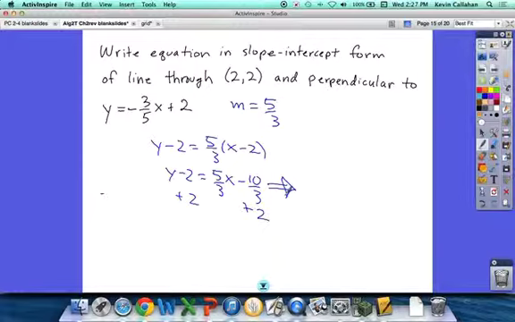Y equals 5/3 x, what is it? Negative 10/3 plus 2. Negative 4/3. Right? It's plus 2. So 2 is 6/3. So negative 10/3 plus 6/3 is minus 4/3.